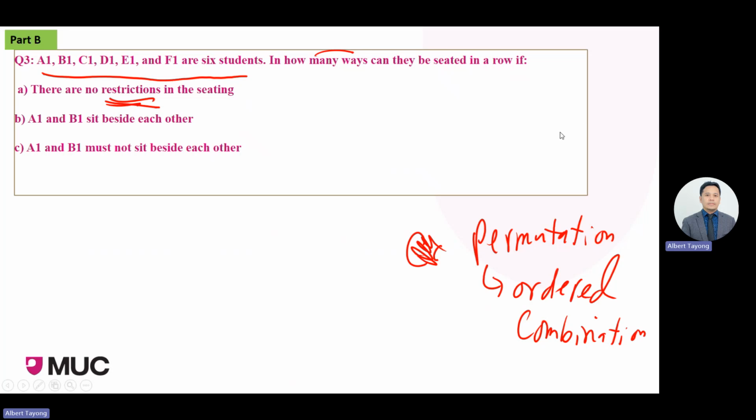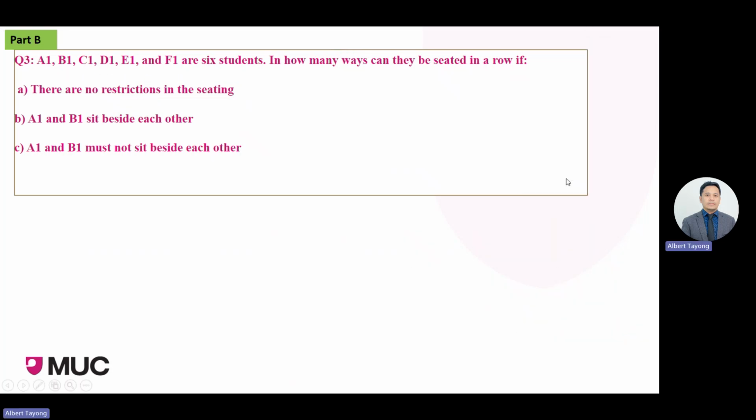So for the first one, there are no restrictions. That means, as I said, A or B, C, D, they can sit beside each other, or fine if they sit anywhere. So here the answer is n factorial only.